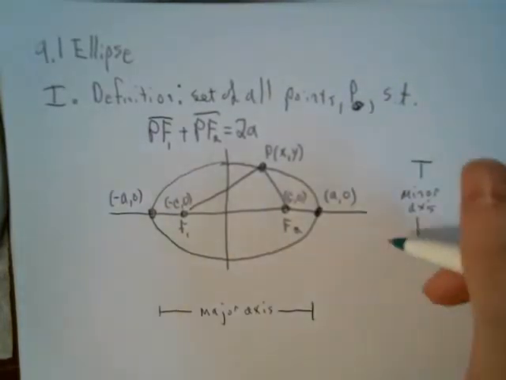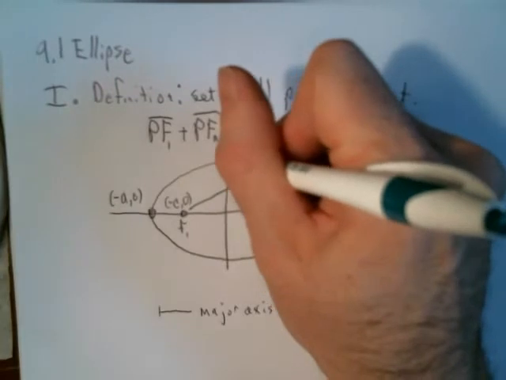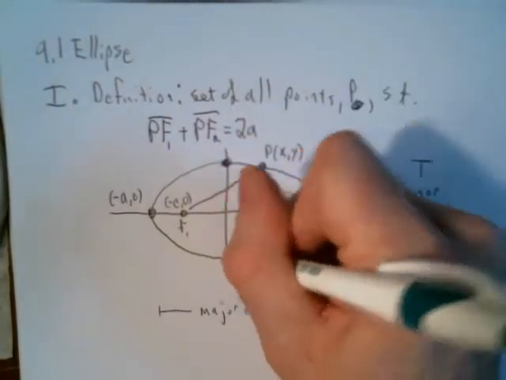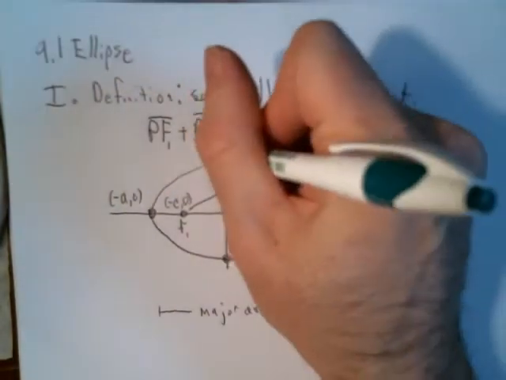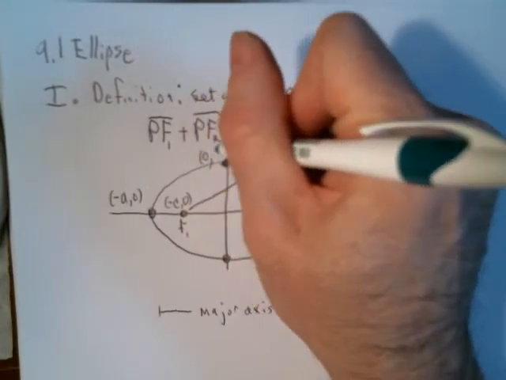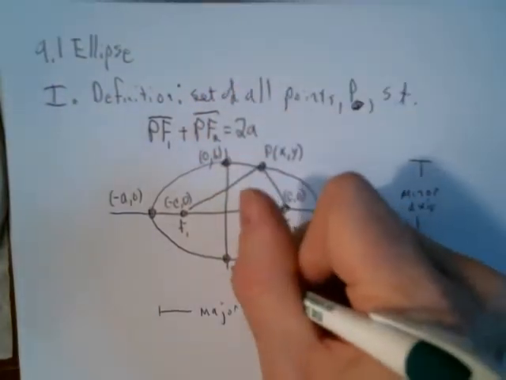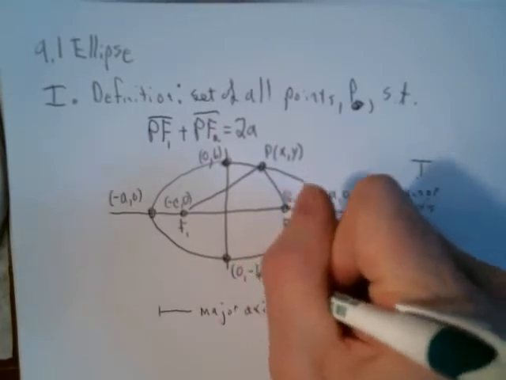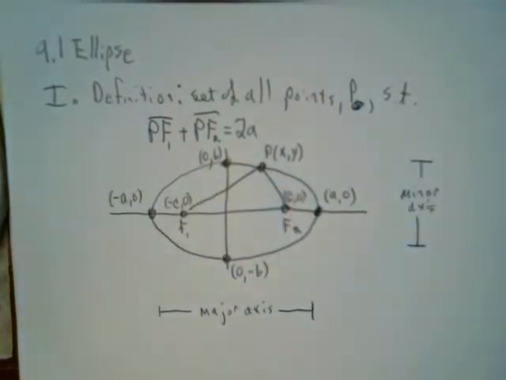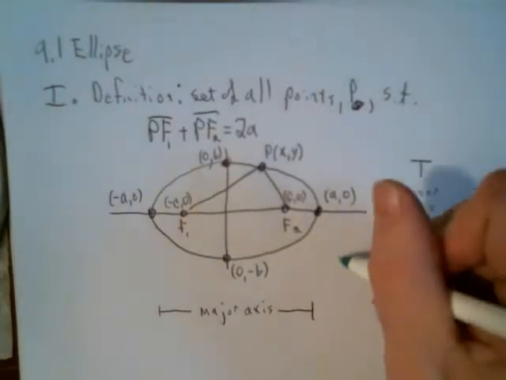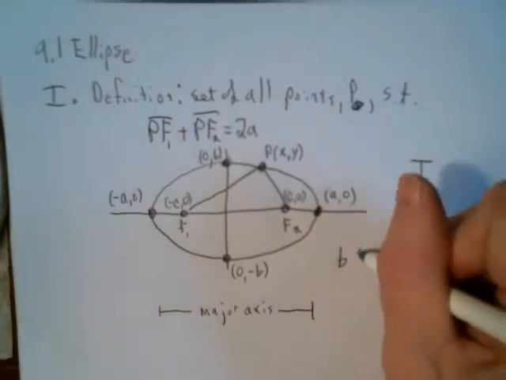The points on the minor axis, which I sometimes call the minor vertices, are given the coordinate 0 comma b. So the little letter b, 0 comma b, and then of course down here will be 0 comma negative b. So b is always going to be less than a.